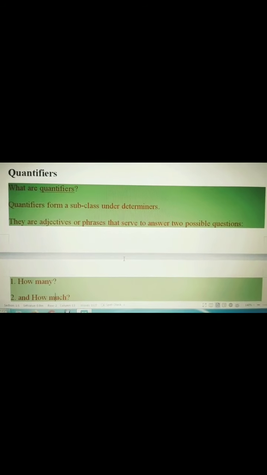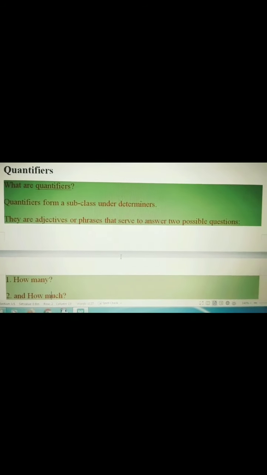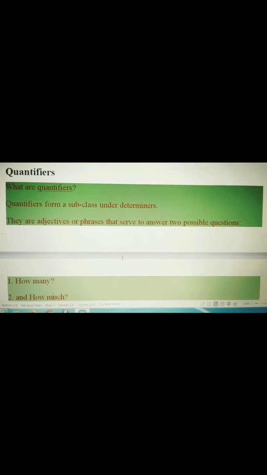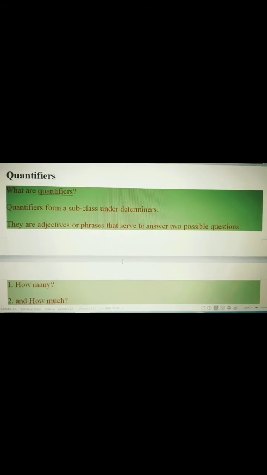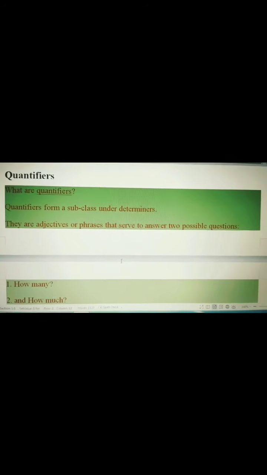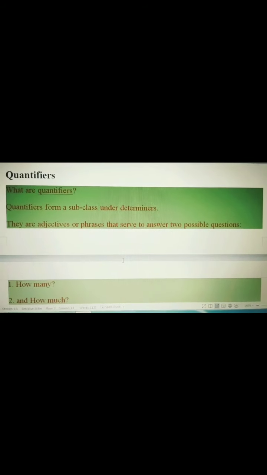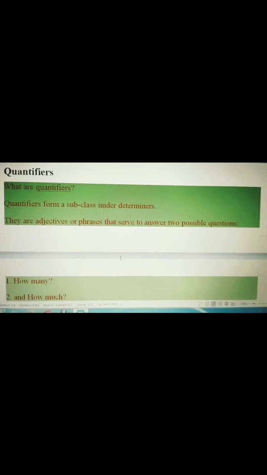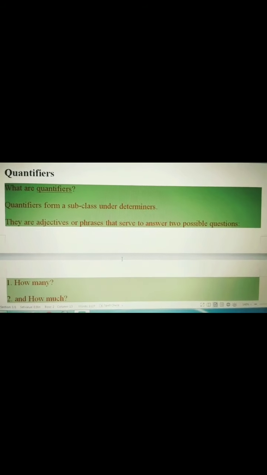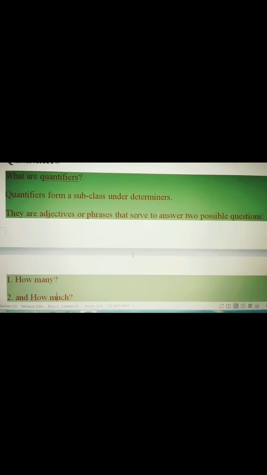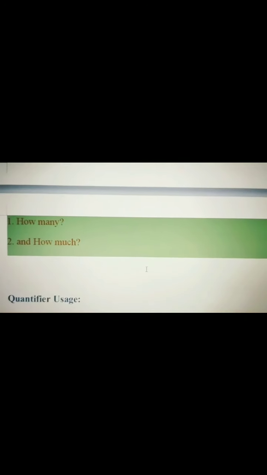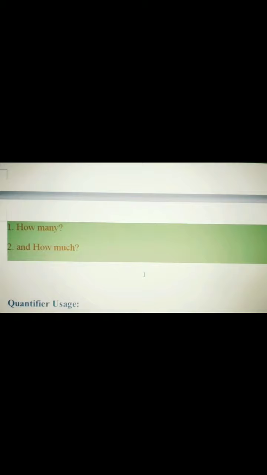Now another kind of determiners is quantifiers. What is the meaning of quantifiers? They form a subclass under the determiners, and these are used as adjectives or phrases, and through these quantifiers we get the answer to either how many or how much.